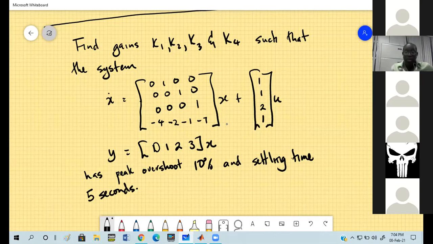All right, so as you can see, it's the same. We will end up with the same characteristic equation, but let us go back through.